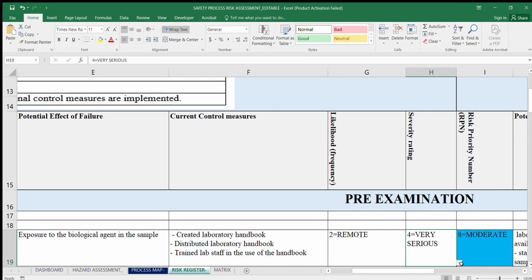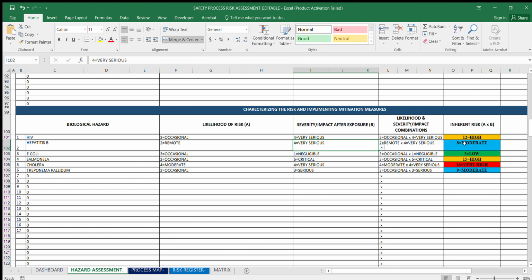So if you get people vaccinated, this may reduce from very serious to serious. But on the hazard assessment, this particular severity will remain the same, because this is your inherent risk, or your initial severity.